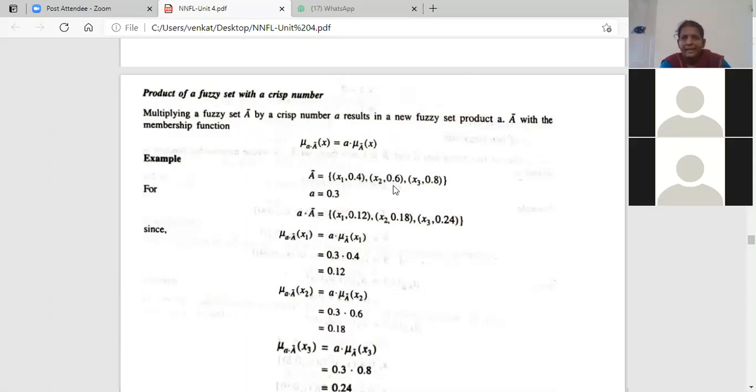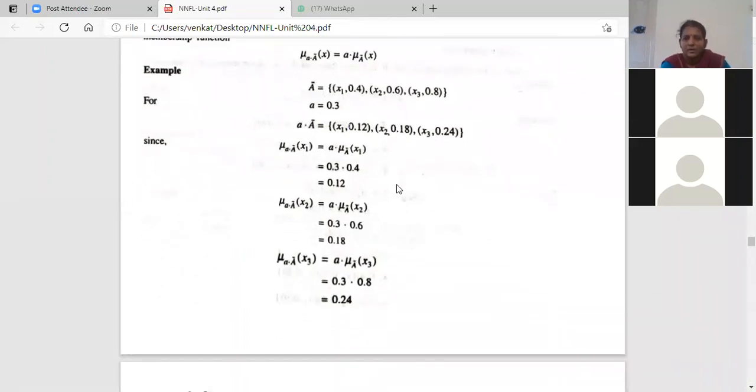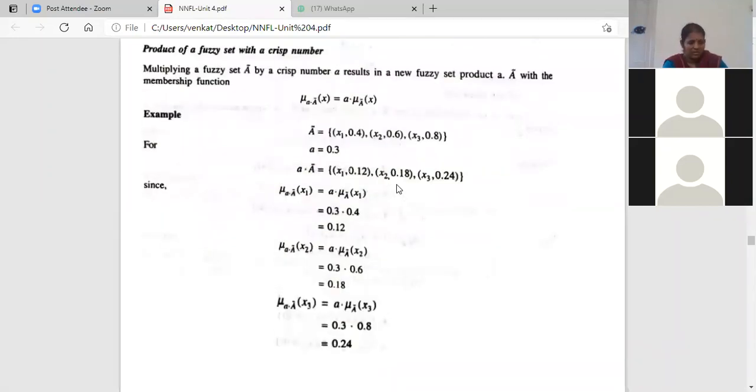So, multiplying each membership function with the crisp value: 0.3 into 0.4, 0.3 into 0.6, 0.3 into 0.8. So directly you are multiplying and expressing the product. Please make a note of this.